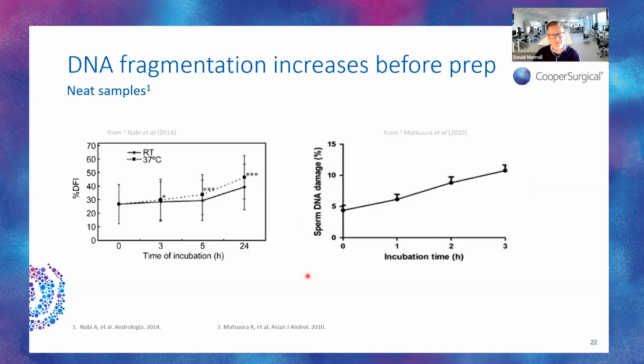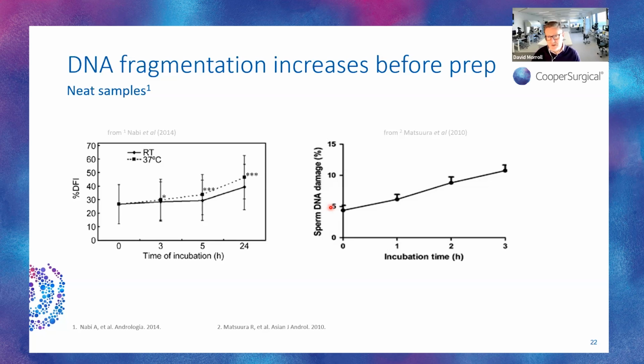look at neat raw semen samples from the time of production to the time of preparation, if you leave them for any length of time, the DNA fragmentation is likely to increase, and it's likely to increase more if the sample is kept at 37 degrees.